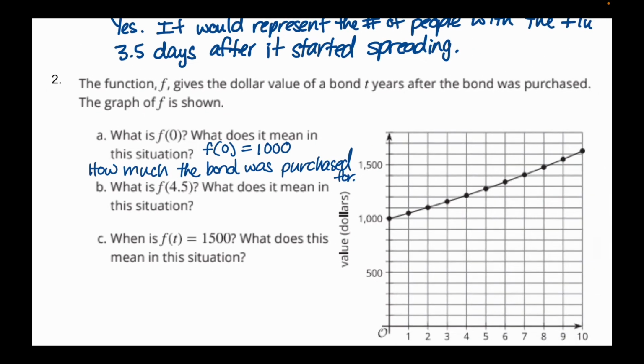I can say f of 4.5, and since I'm reading from a graph, I'm going to put the approximate sign or my wiggly equal signs because we're not entirely sure since it doesn't give us an equation for this. So f of 4.5 is approximately 1,250.